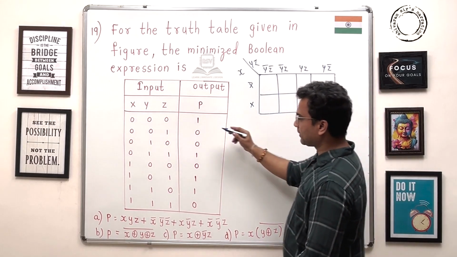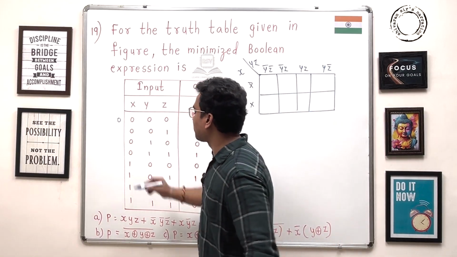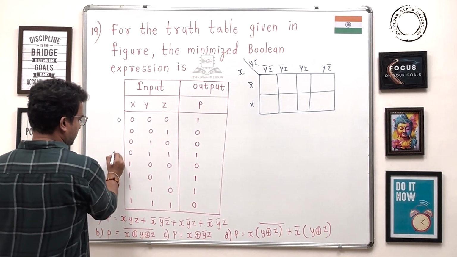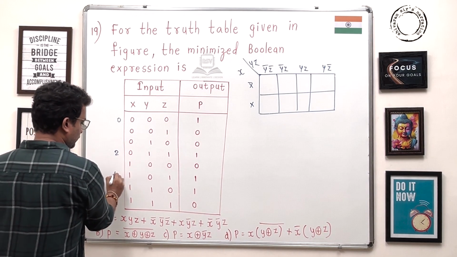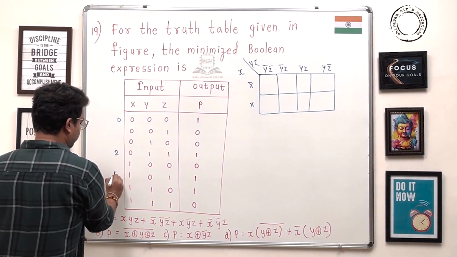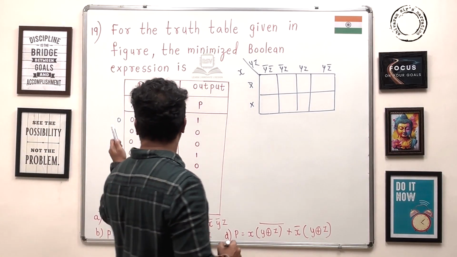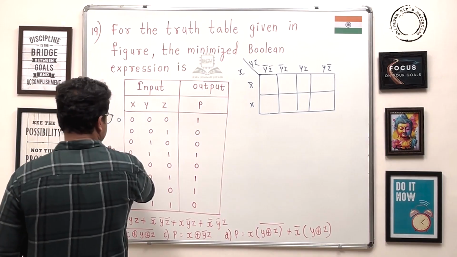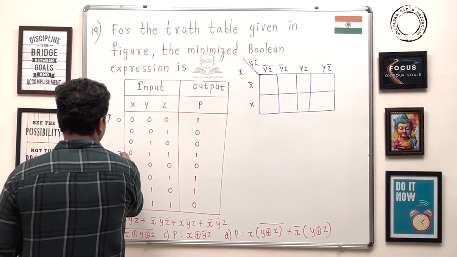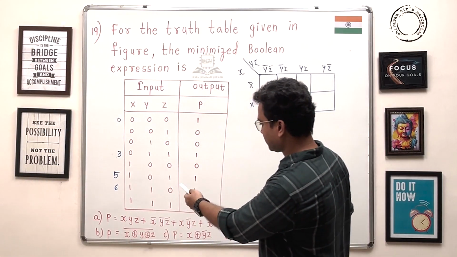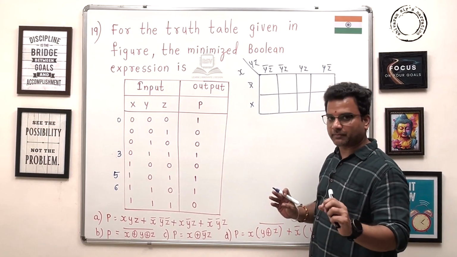Now guys, see here, it is 0, it is 2, 4, it is 5, and it is 6. Minterm 0, it is 3, 5, 6. 0, 3, 5, 6 are the minterms.